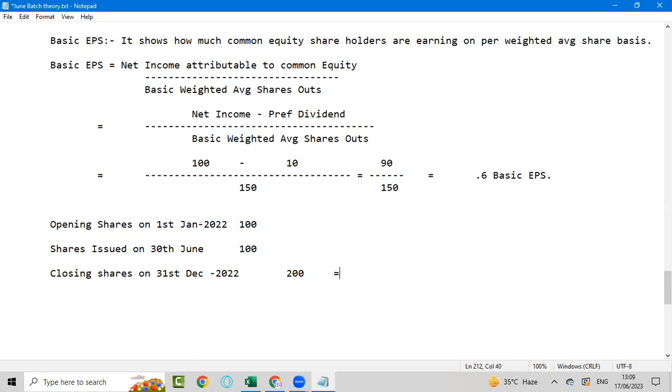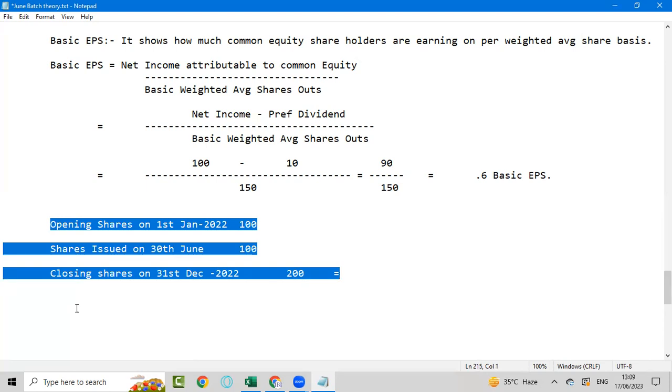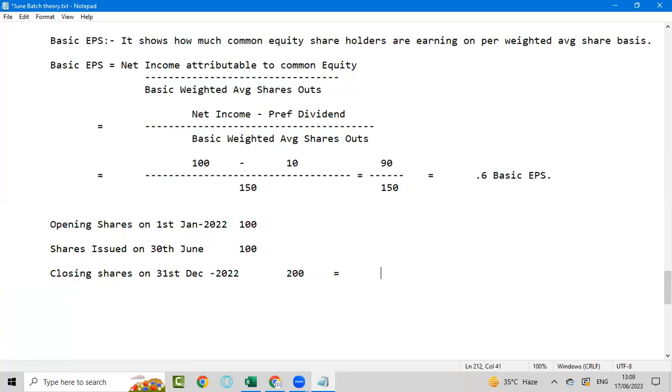Now these shares remained outstanding for 12 months, and these shares remained outstanding for 6 months. I cannot take 100 and I cannot take 200 for calculating my earning per share. I want to take on an average, on a monthly basis, how many shares were outstanding. So look, 100 into 12 plus 100 into 6, and that divided by 12.